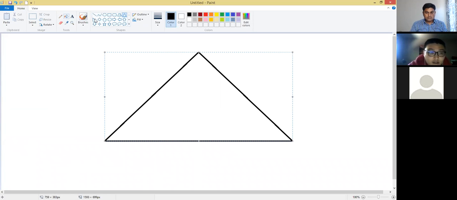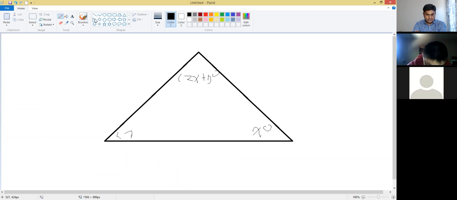You have a triangle, and here is x degrees. Here is 2x plus 1 degrees. Here is x plus 15 degrees. So what is the largest angle in the triangle?